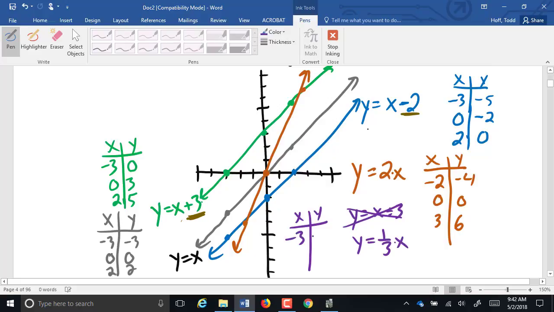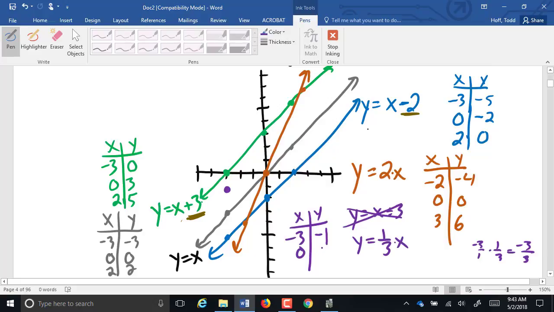If x is negative 3, what's y have to be? What's 1/3 times negative 3? Negative 3 times 1/3 is negative 3 over 3, which is negative 1. Right? So negative 3, negative 1 is right there. If x were 0, what's 1/3 times 0?